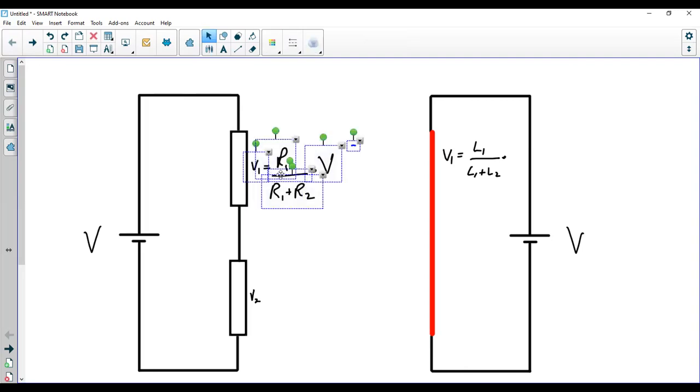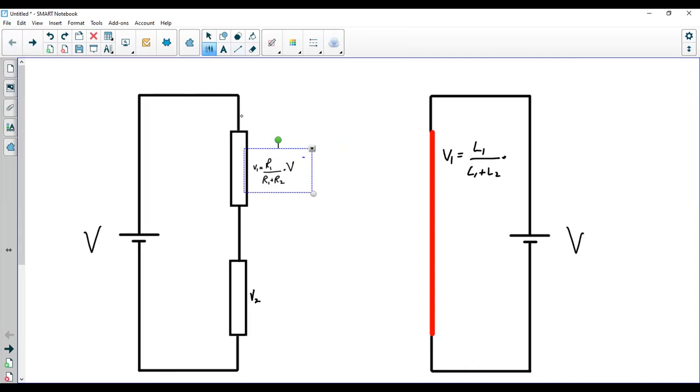The reading on that voltmeter is dependent on this formula. I make it small intentionally because I want to put a voltmeter. So if I put a voltmeter here, the reading on that voltmeter depends on this formula. Everyone clear with that? We have discussed that potential divider circuit quite a few times already. So this reading depends on the formula which we have written.